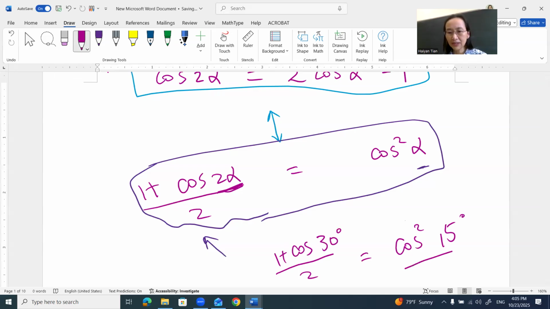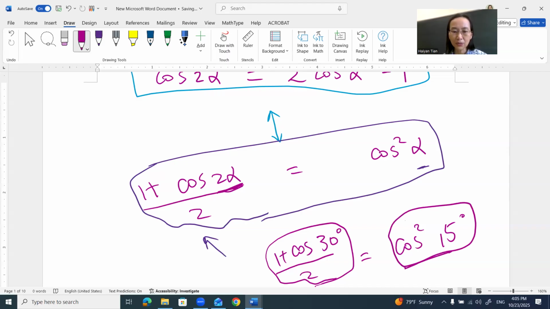Now between the left hand and right hand side, they are the same thing. So I choose to use the right hand side in order to find out the cosine square of 15 degrees. We can continue. We can find 1 plus cosine 30. Cosine 30 is half of square root of 3, and then over 2. So this numerator is divided by 2, and this number will be 1 divided by 2 plus half of square root of 3 over 2.